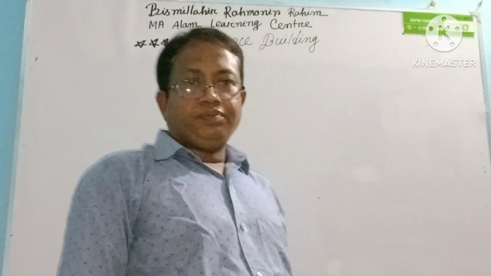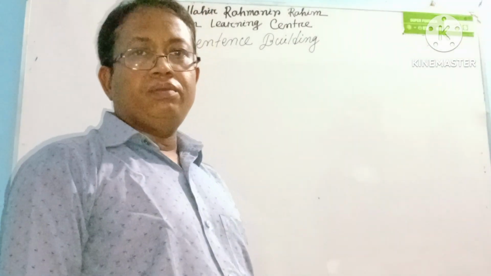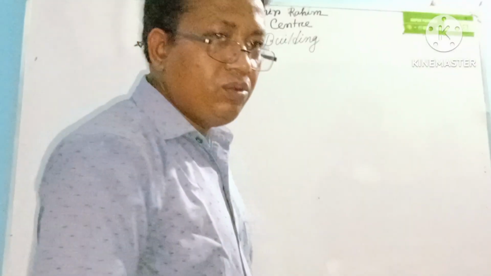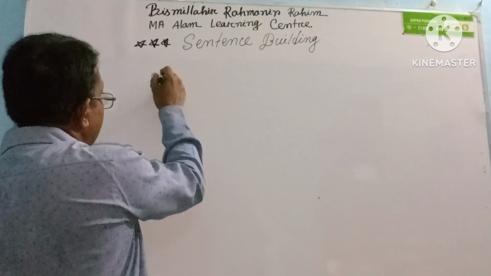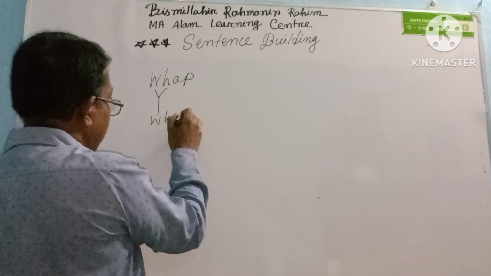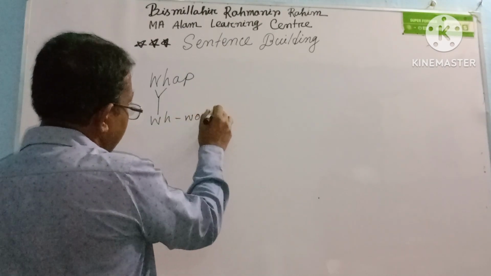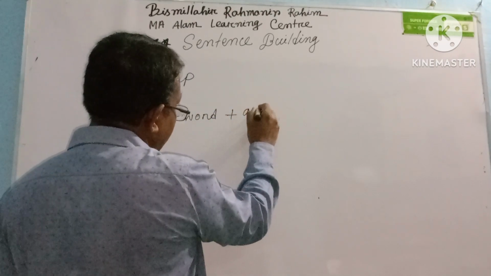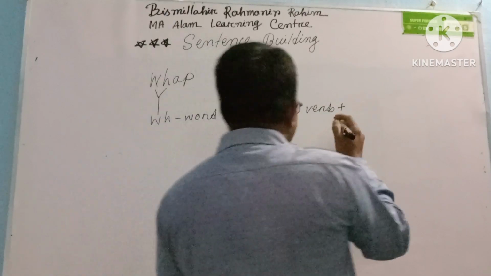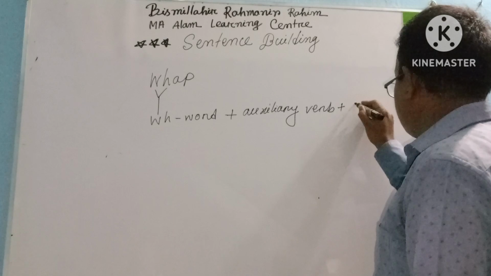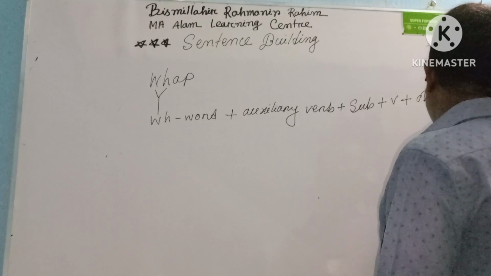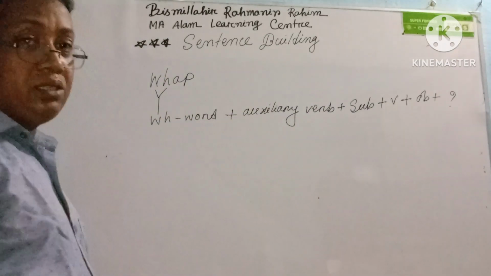If we want to build an interrogative sentence with the help of an auxiliary verb, then at first we have to use a WH word. The structure is WH word plus auxiliary verb plus person, subject plus verb plus object plus interrogative sign.